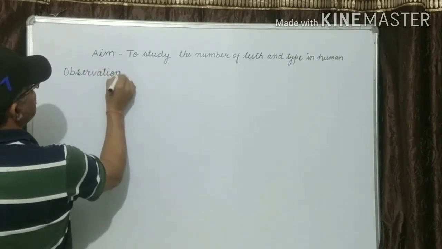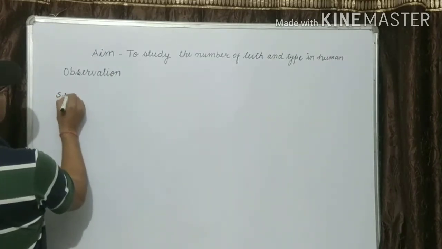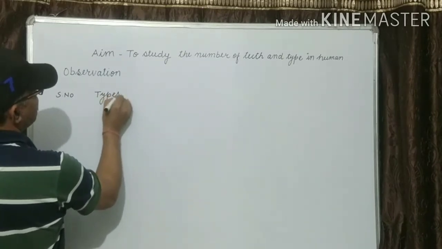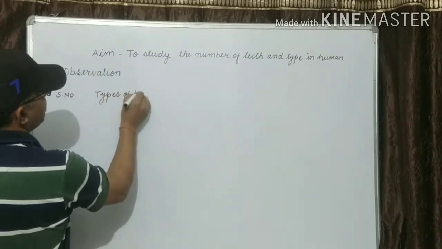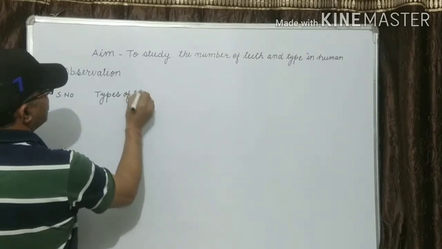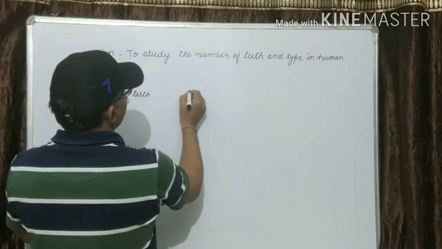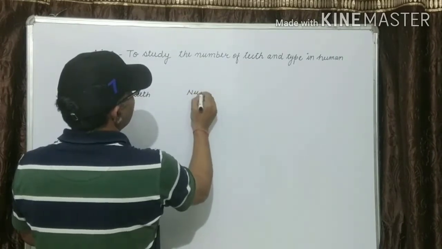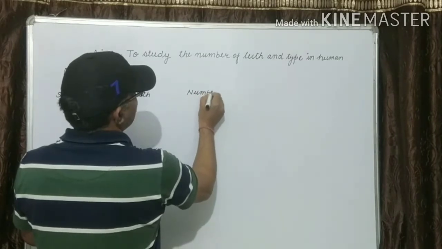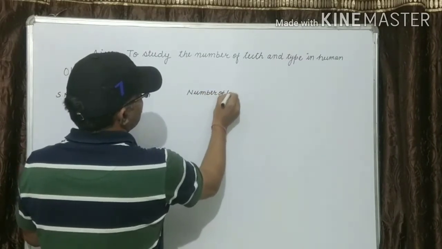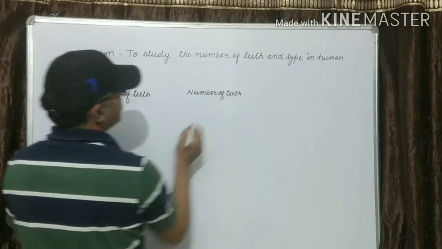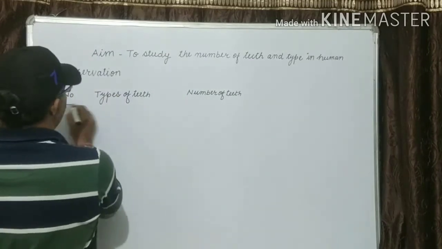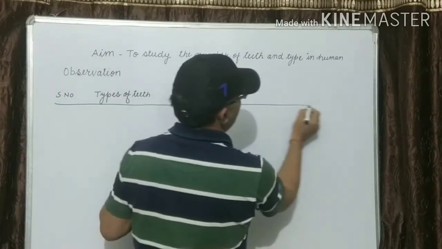Observation, serial number, types of teeth, next column, number of teeth. There are two jaws. First of all, you make this table.